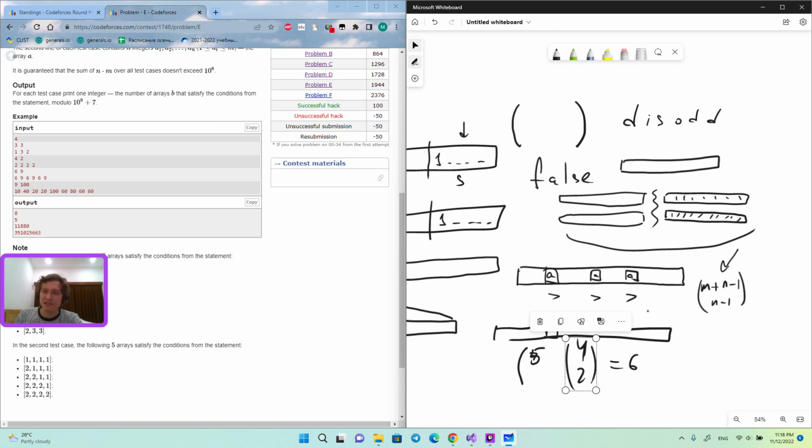No, I think it is m plus n minus 2. What I want to say is we want to make a non-increasing sequence of 4 objects, and we want to choose 2 objects.